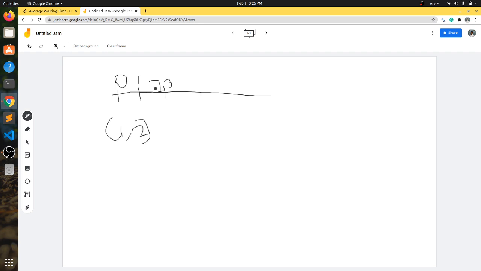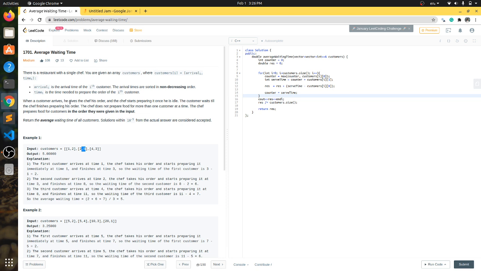The second customer arrives at the second minute, and the order takes 5 minutes to complete. But here we are given a constraint that the chef will be preparing one food at one time.